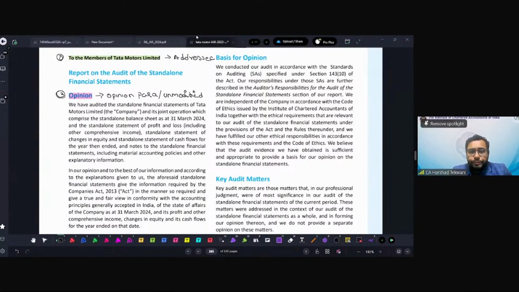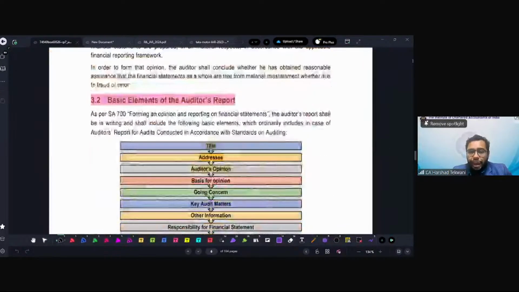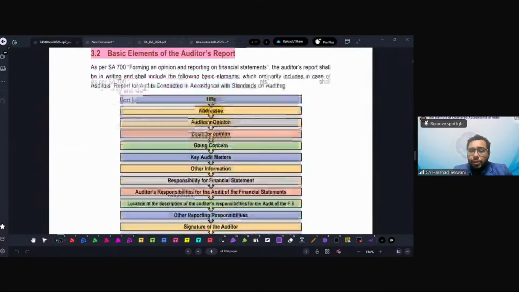If you come on page number 7.6 of your study material, you will see basic elements of audit report. Title, addressee, we have discussed. Auditor's opinion, this is something we are discussing now, the third part.